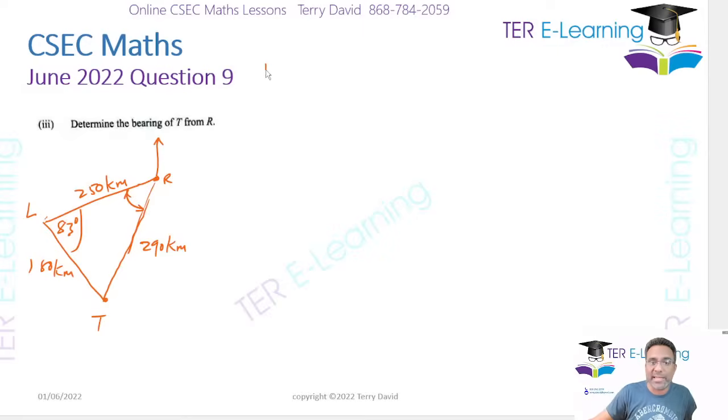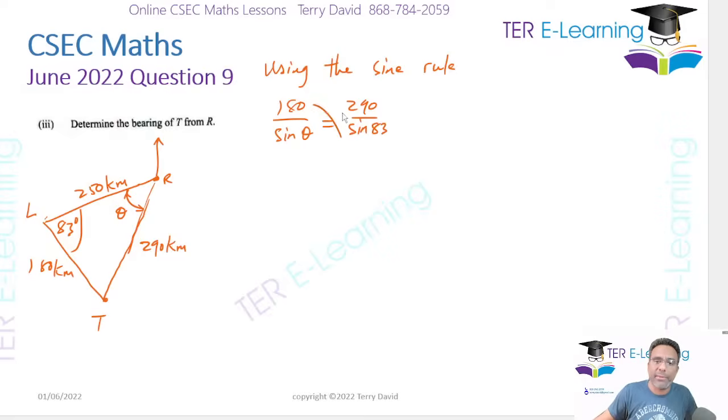So I'm going to use the sine rule. So using the sine rule, I'm going to say 180 over sine, let's call this theta to make our life easier, 180 over sine theta is going to be 290 over sine 83, right? And then we cross multiply.